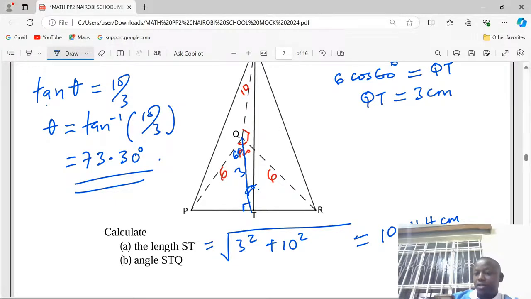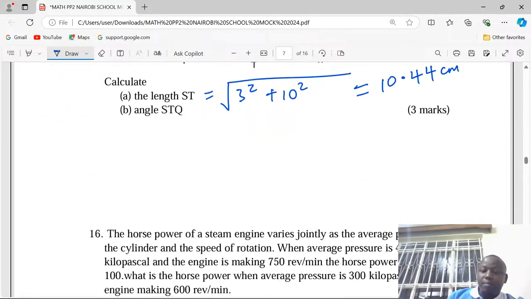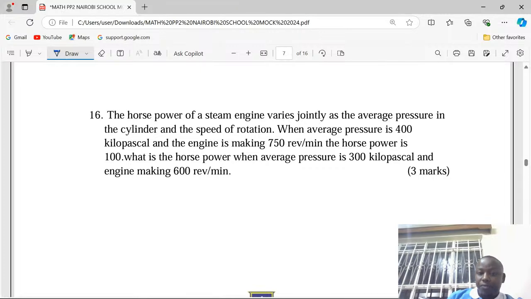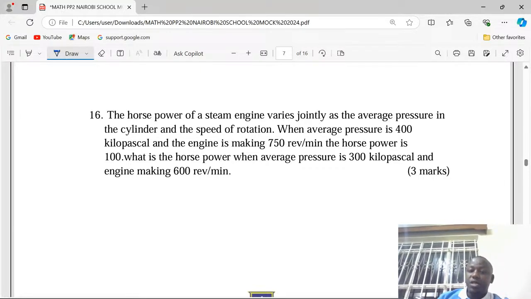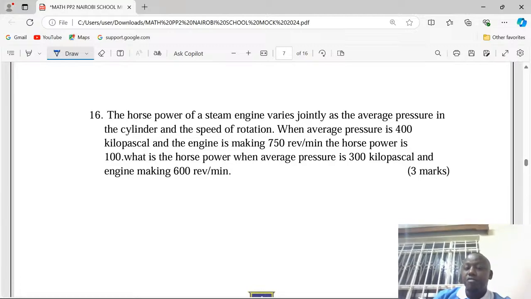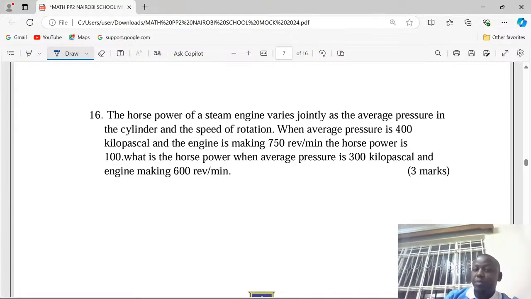So thank you so much for this far. We can look at the last question now, number 16. The horsepower of a steam engine varies jointly as the average pressure in the cylinder and the speed of rotation. Let's interpret the question up to that far.